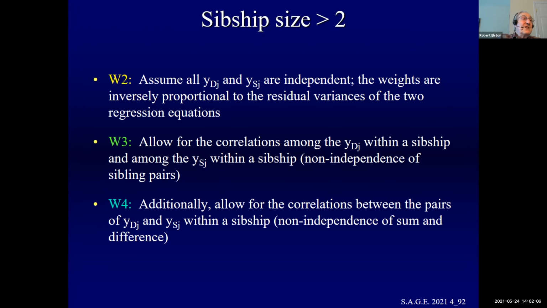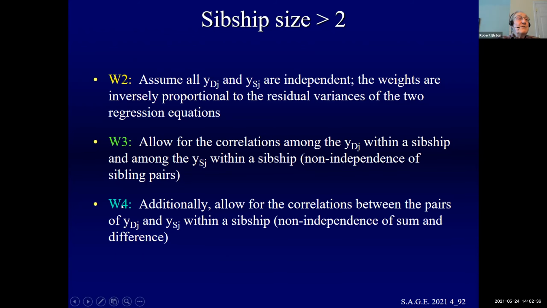And what happens is, as you go from the original Haseman-Elston to Y2, to W2, to W3, to W4, you make additional assumptions and you get more power. So this is to say, fine, why don't we always use W4? Well, the problem with that is you may get problems and you may get instability, as I think we saw.